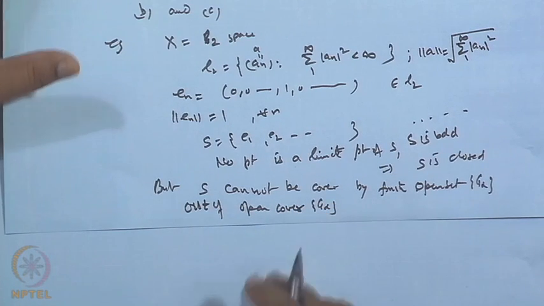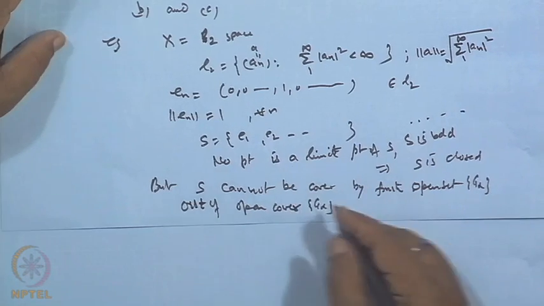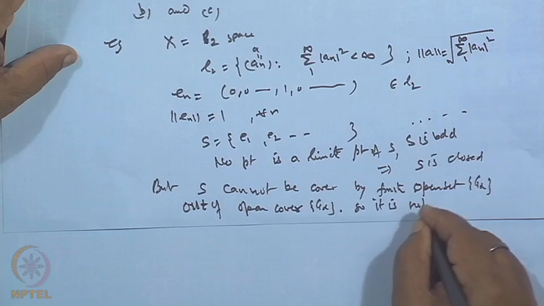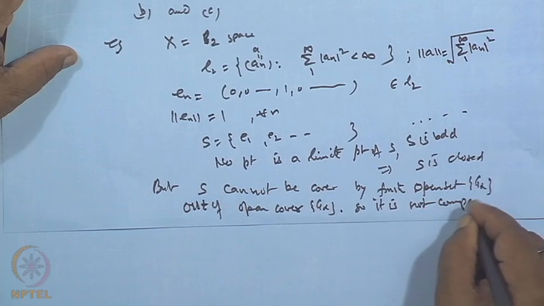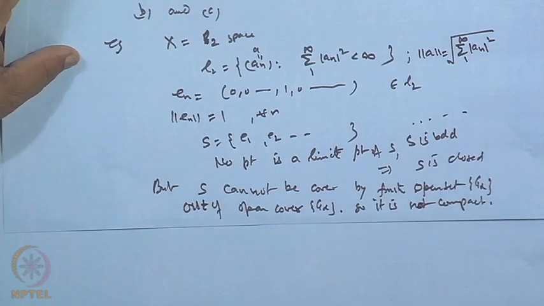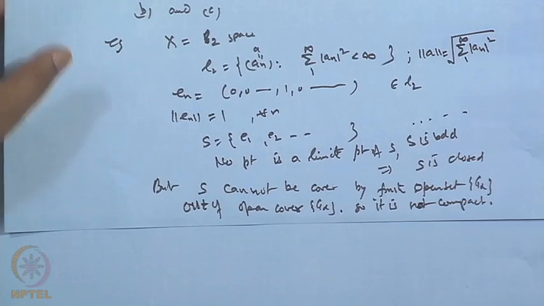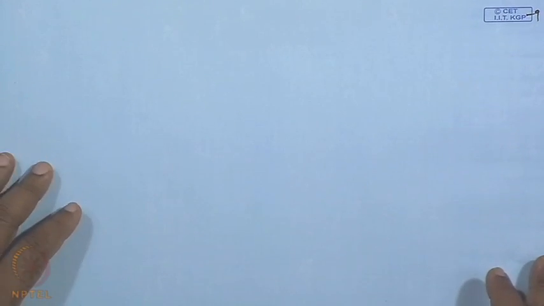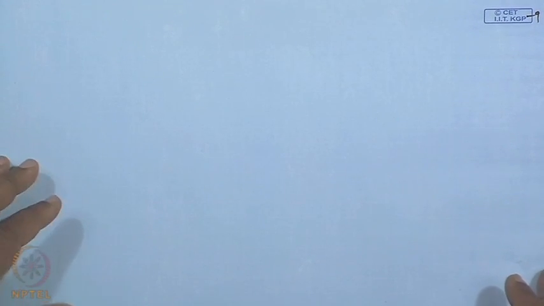Means in any open cover here, we cannot choose a finite cover, because it is infinite. So, it is not compact. So, this contradicts our assumption. Okay. We are not going into detail for this, because it is a part of functional analysis.